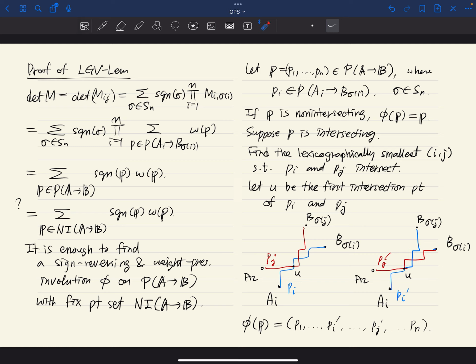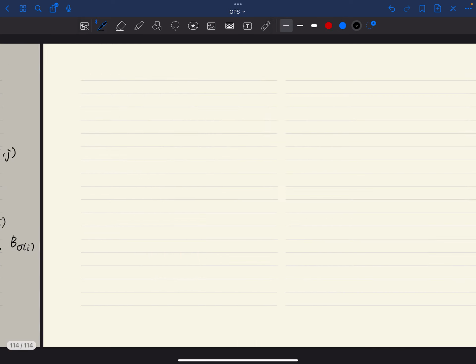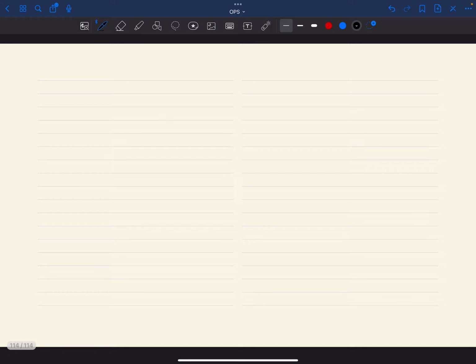Okay, let me explain this way. Note the sign of the original n-path is the sign of sigma. But what is the sign of the new n-path?